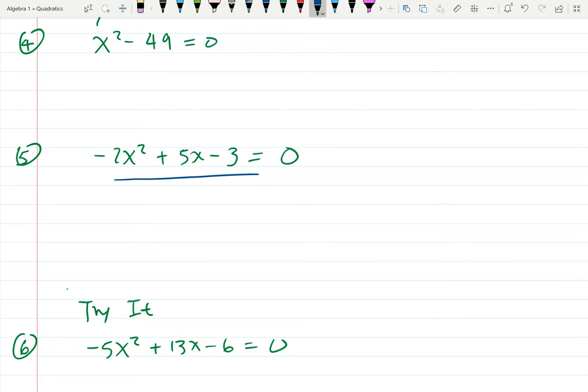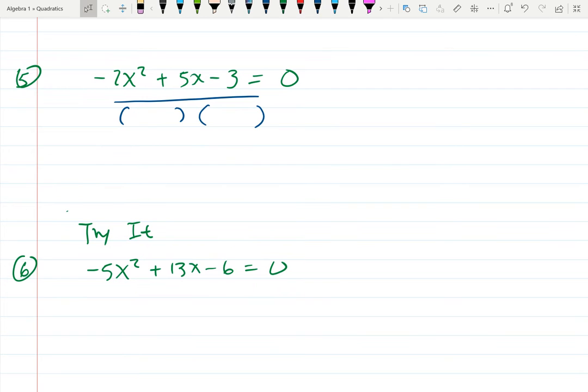Same here. Now you get a quadratic function of the standard form. What you need to do is factorize it first. So you remember, use the AC method. Factors of negative 2 times 3 is negative 6, so factors of 6 that add up to 5.